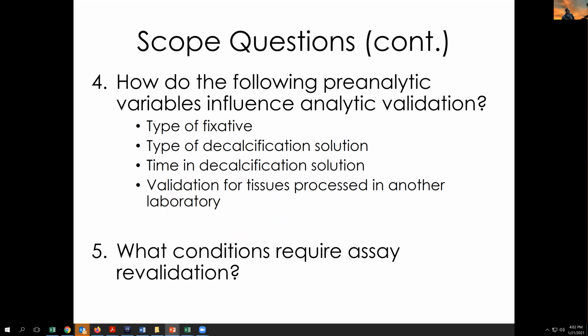They also wanted to consider various pre-analytical variables like fixative, decalcification, time of fixation or decalcification, and any other validation that might be required when tissues have been processed in an unknown manner, say in another laboratory. And then, of course, what conditions mandate reevaluation.